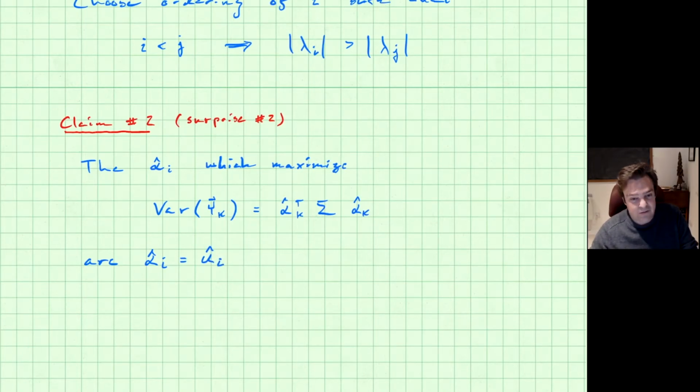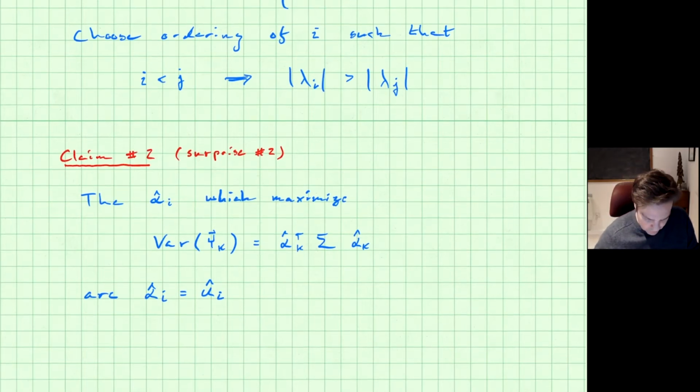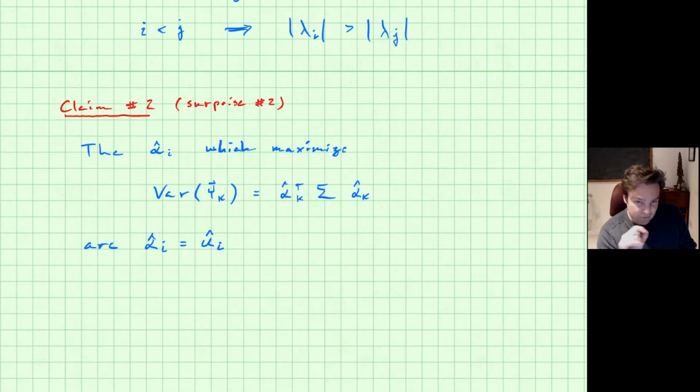So that's a pretty big deal, right? So these u_i, remember, are the eigenvectors of the covariance matrix for X. So those are the directions that we should use for the principal component axes.